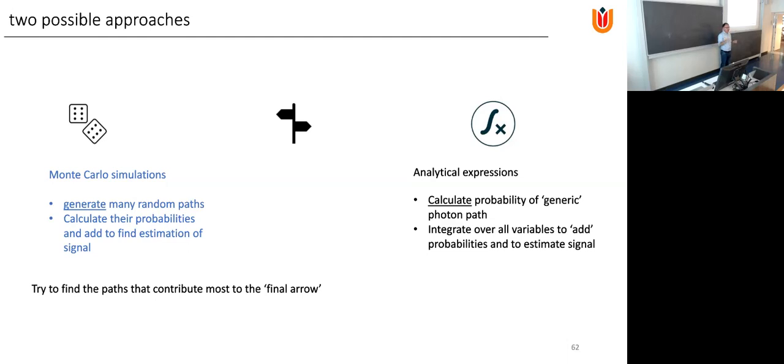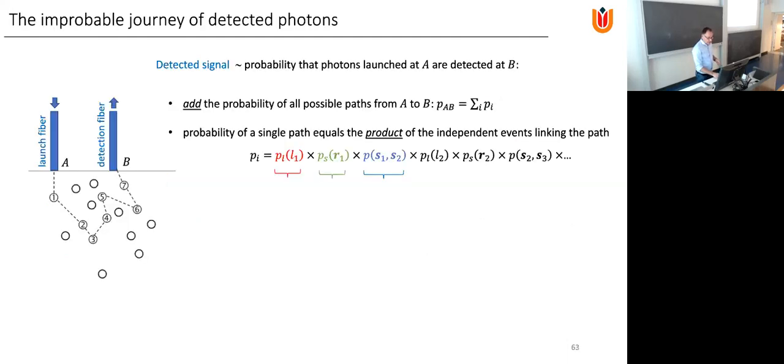So we're not going to draw them, we're going to generate them by definition, because we sample from the probability distributions. These will be the paths that are most likely, and these will be the paths that contribute. So that way, the process will be efficient.